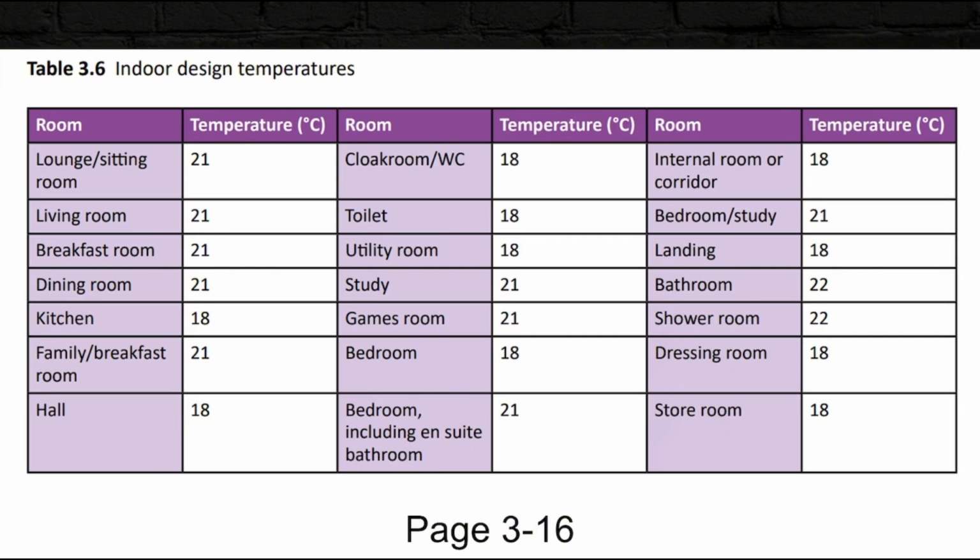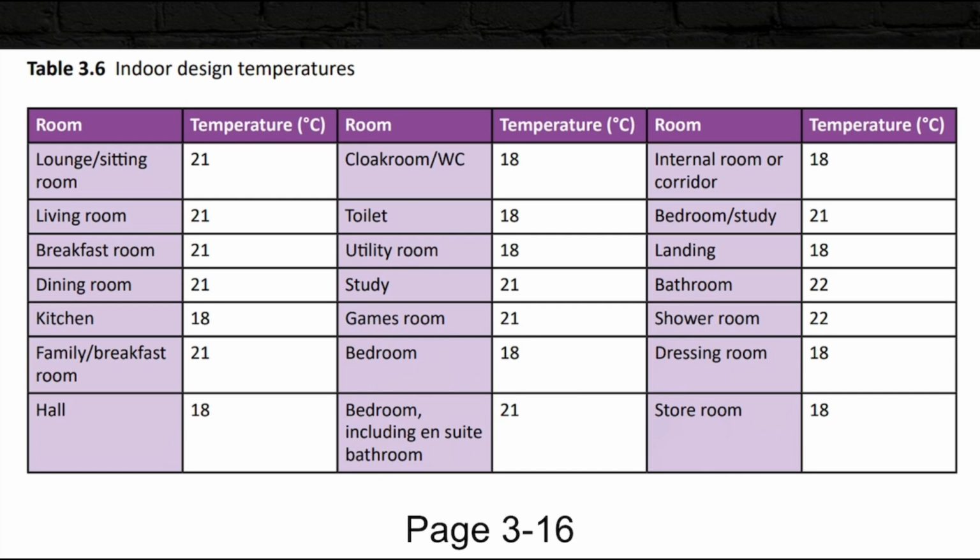Now, this table is for properties constructed pre-2006. Our house was constructed in 1998, so this table does become important. For modern houses, i.e. built after 2006, the design temperature for all of our habitable rooms is 21 degrees, with bathrooms and shower rooms being 22 degrees.